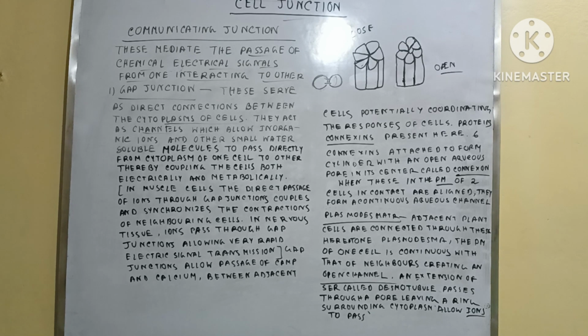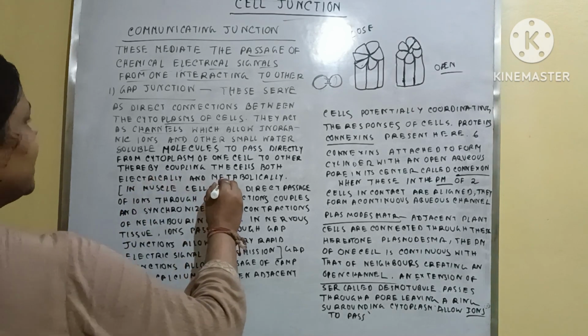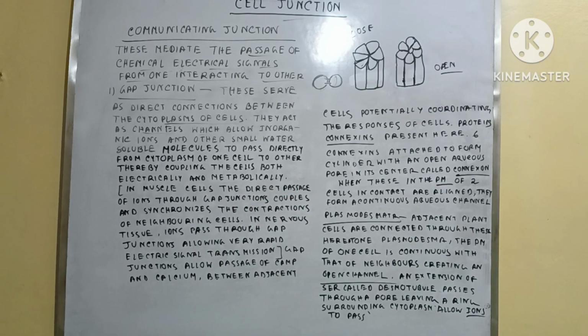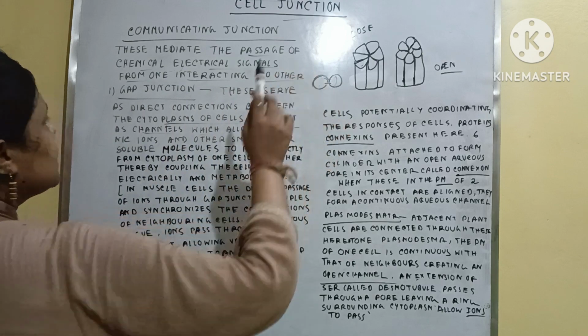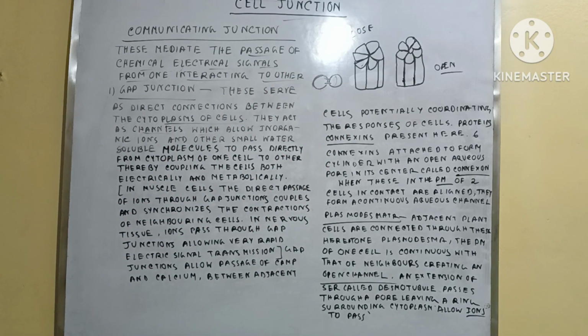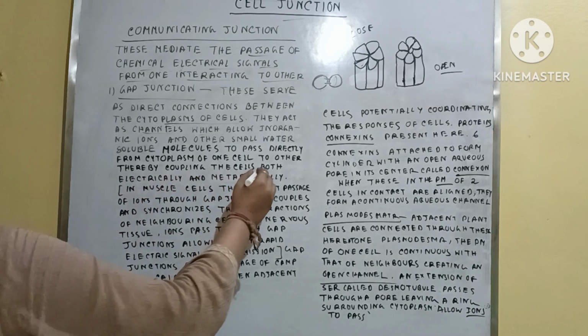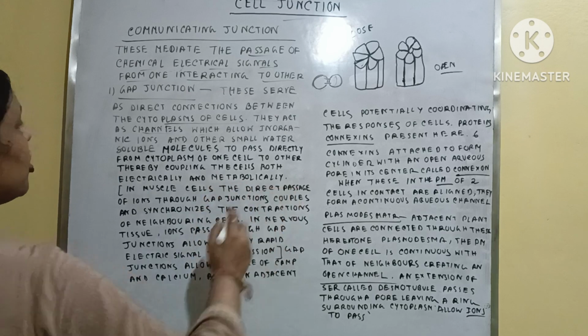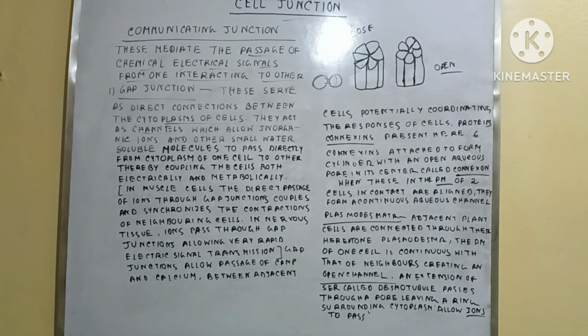This transport of molecules occurs directly, and the cells are coupled both electrically and metabolically. That means the direct attachment of the plasma membranes of one cell and another is seen, so the coupling of these cells is both electrical and metabolic, and they help each other.